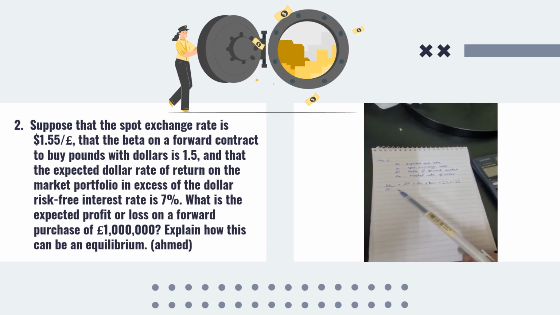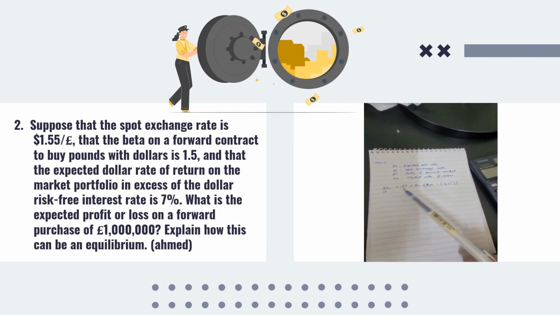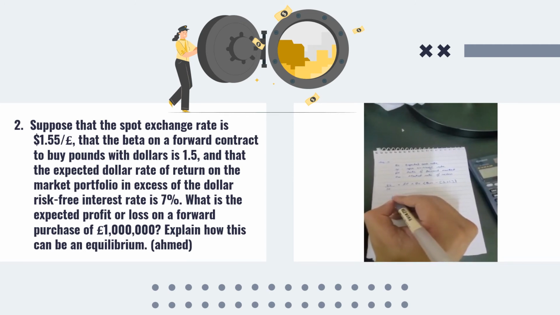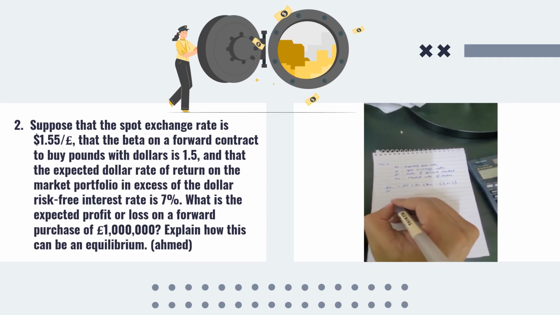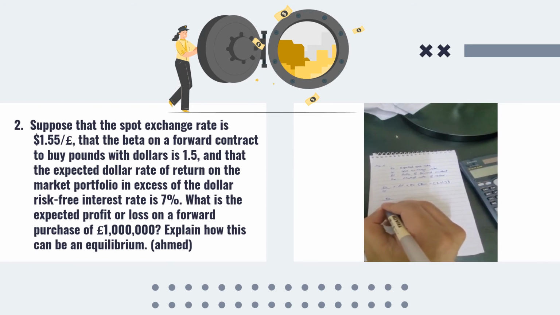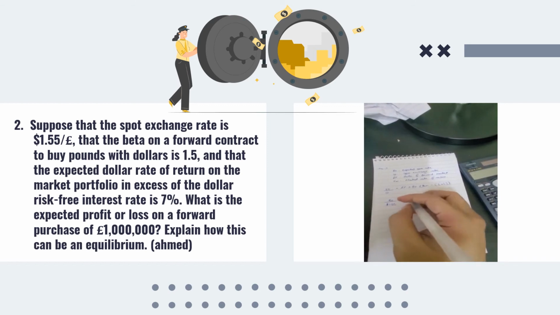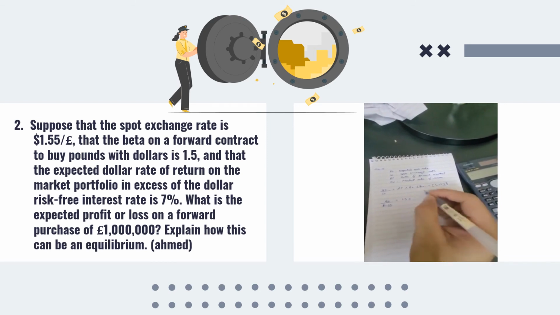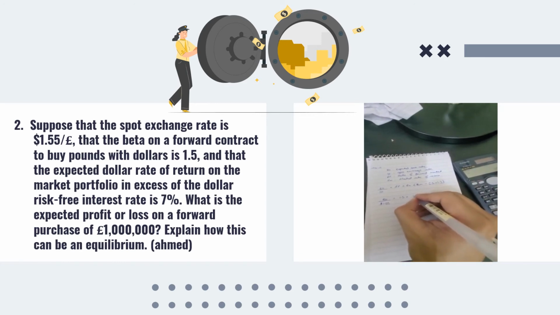where the expected spot rate divided by the spot exchange rate equals beta of the forward market multiplied by the market rate of return. We plug the values given to us into the formula. The spot rate is $1.55, the beta of the forward market is 1.5, and the market rate of return is 7%.